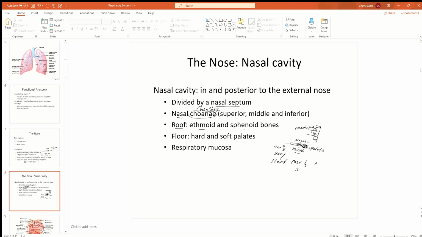Okay, soft because it is muscular, soft palate. So the palate is formed by bone and skeletal muscle. The bony part is the hard palate, anterior two-thirds, and the muscular part is the soft palate, posterior one-third.